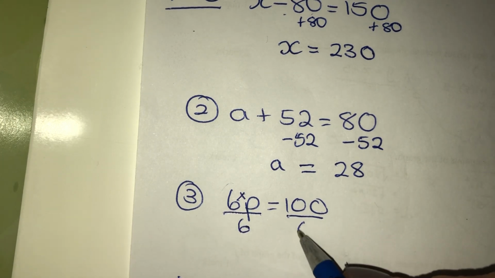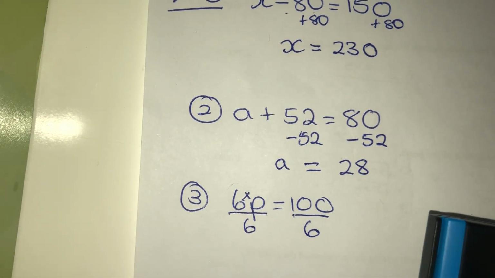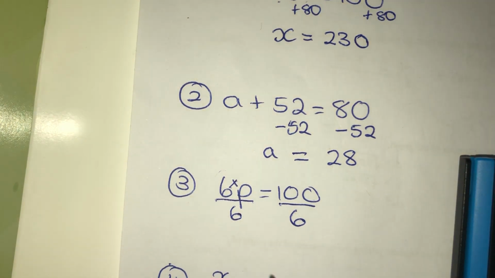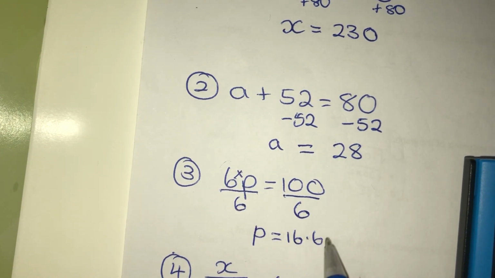So we have 100 divided by 6. Now, you are allowed to use your calculators, so please do so to get that answer. Okay, you should get 16.67 as your answer. Hopefully we got that one.